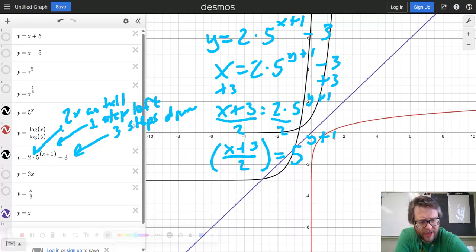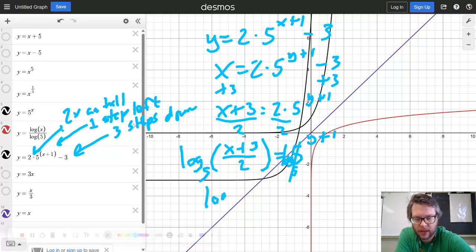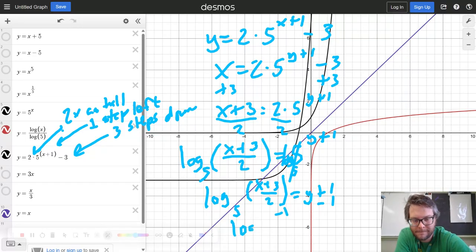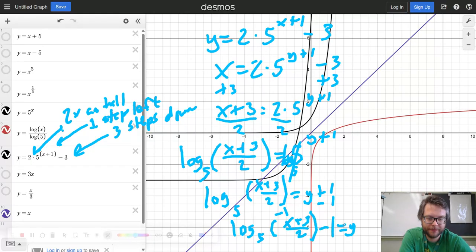How do I get rid of the 5 base? I do a log base 5. So log base 5 of x plus 3 over 2. Last step, minus 1. And that's the inverse.